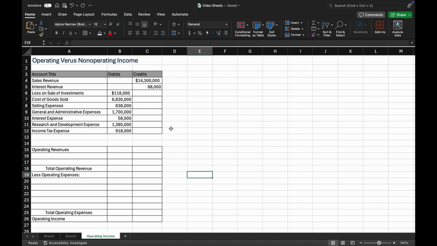The December 31st, 2024 year-end trial balance contained the following income statement items.